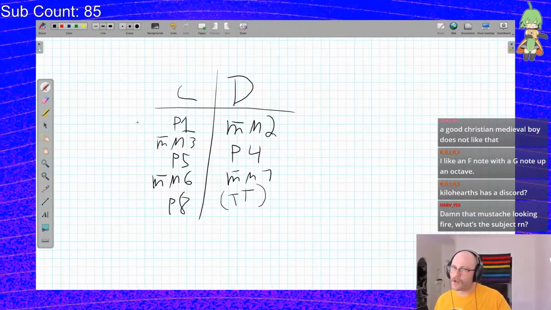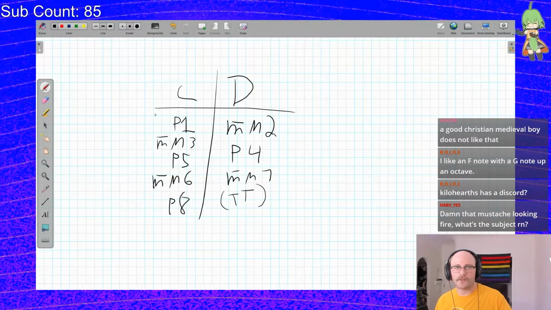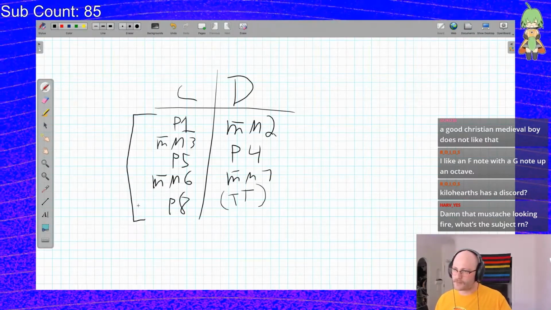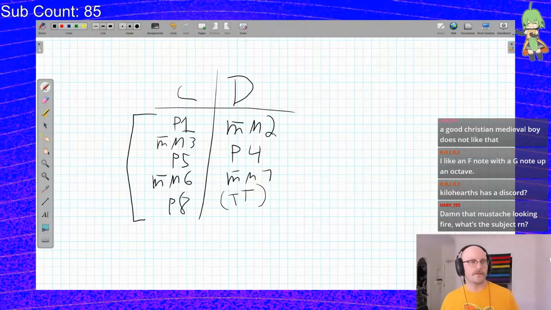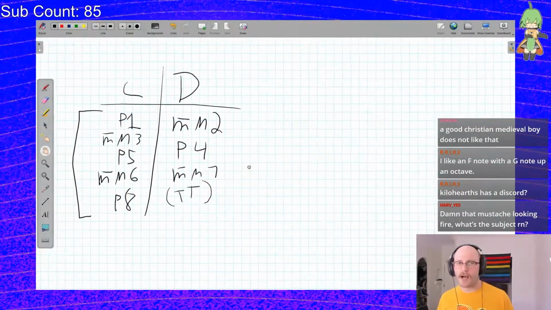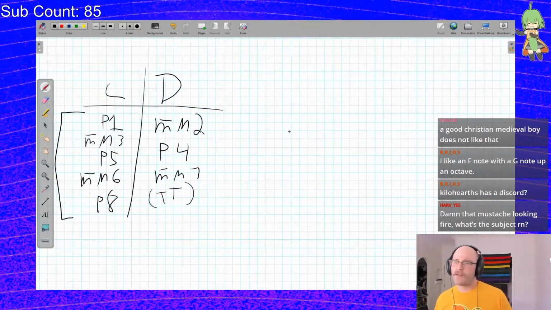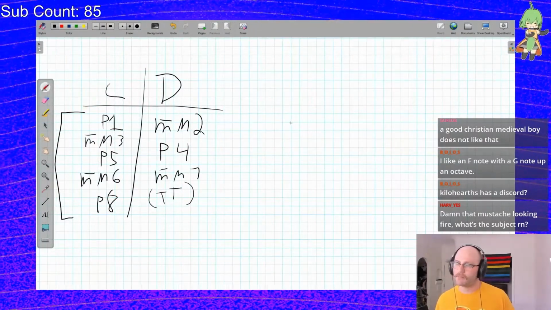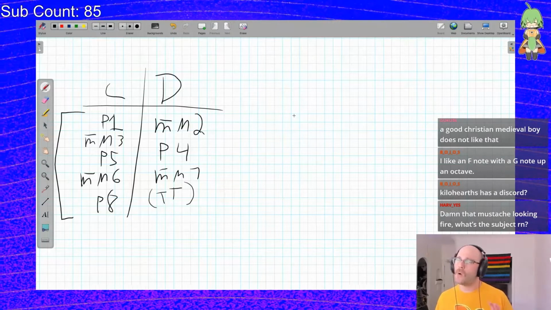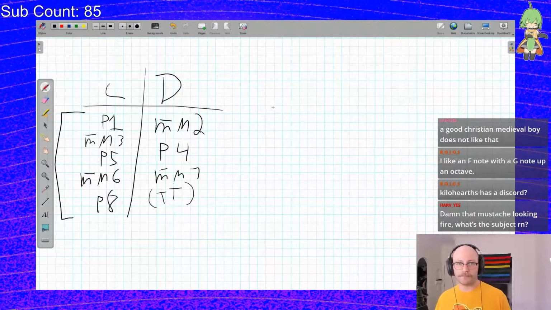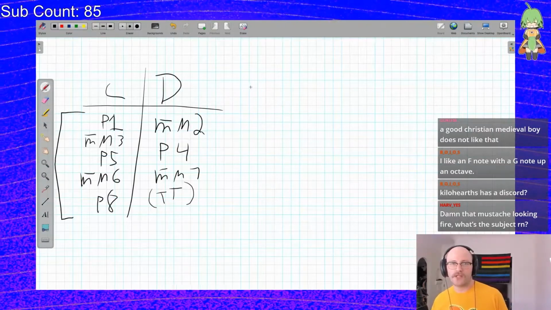Everything we're going to talk about going forwards is about only using these relationships. So keep that in mind going forwards. I'm going to give you a checklist. This is going to be how we're going to write our counterpoint going forwards. Step 1.